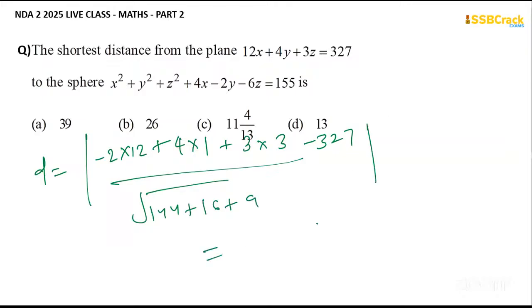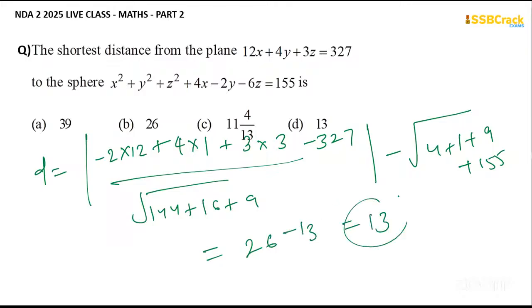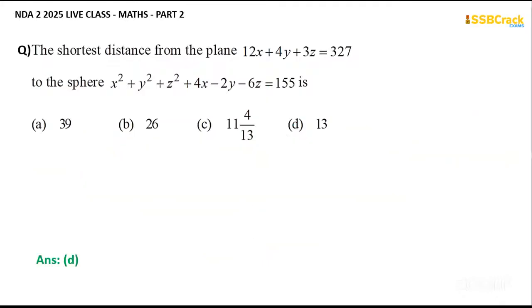If you simplify this, I just simply use the formula. You can see 144 plus 9 is 153, 153 plus 16 is 169, it is 13. And above, if you multiply, it comes out to 26 minus 13, which is option D. You just do the calculations. Simple formula.